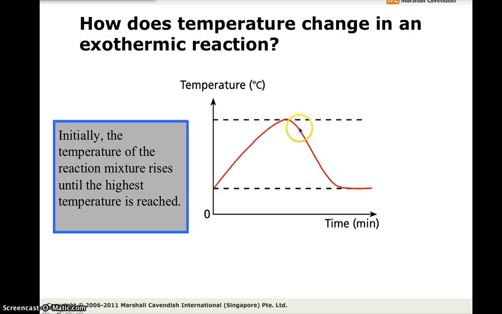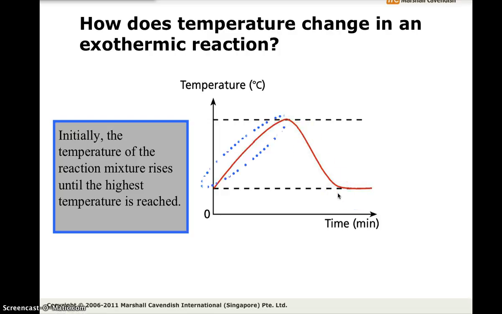This is based on a very simple rule that you have learned in primary school. Heat always travels from a region of higher temperature to a region of lower temperature. In this case, this temperature is way higher than room temperature. Therefore, the temperature will drop until it reaches room temperature.